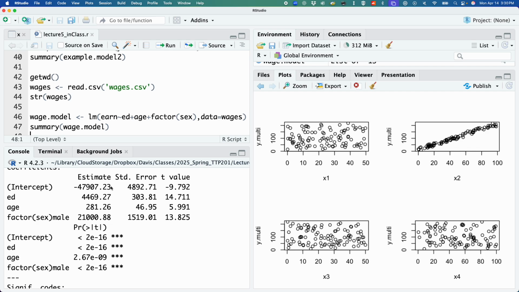If this is your first time dealing with dummy and categorical variables, this can be a little bit confusing, but generally we think of dummies and categoricals essentially as another intercept, okay?